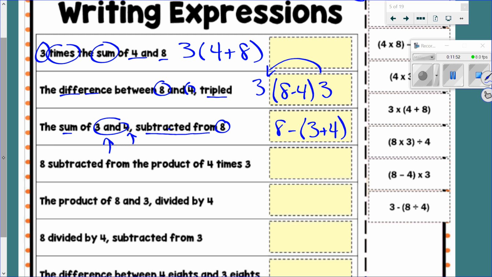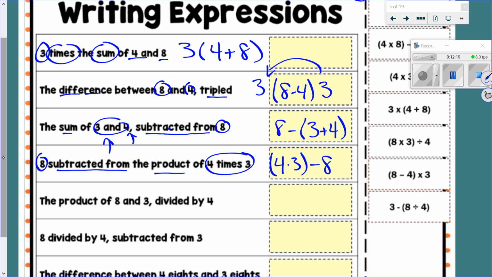Does that make sense? Yes. Okay? 8 subtracted from the product of 4 times 3. Again, subtracted from. Flipping phrase. Meaning the first thing that's going to happen is 4 times 3. And then I'm subtracting 8 from it. In this case, do I have to have the parentheses around the 4 times 3?